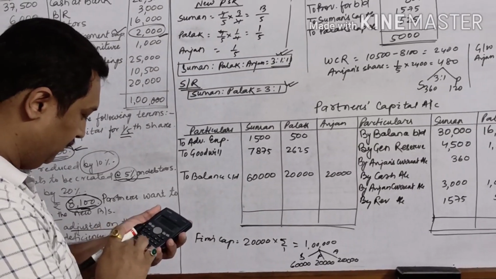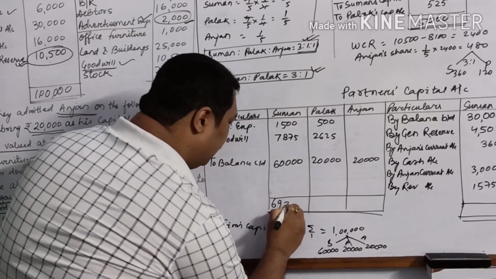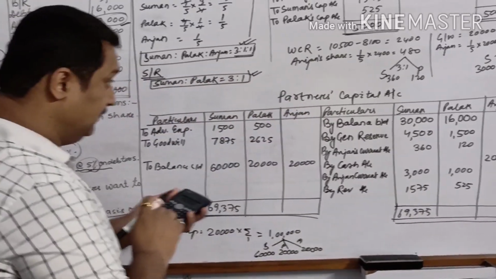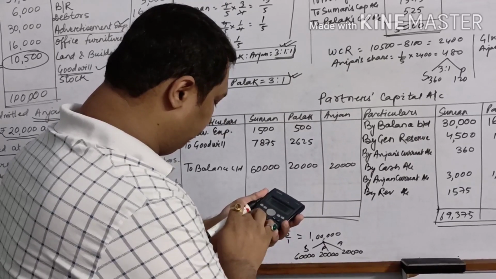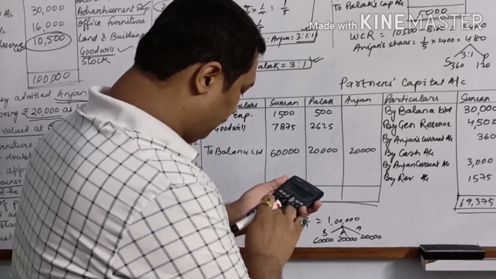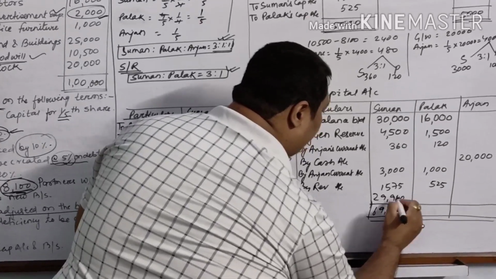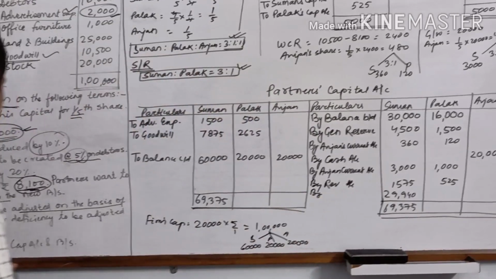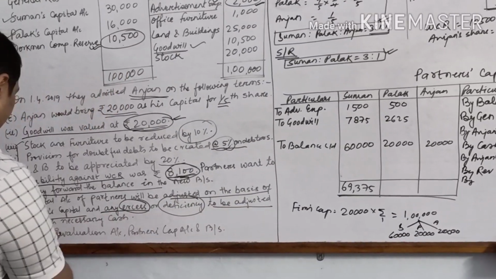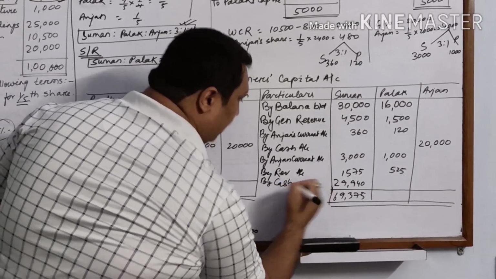So 60,000 plus 7,875 plus 1,500 is 69,375. 69,375 minus 30,000 minus 4,500 minus 360 minus 3,000 minus 1,575 is 29,940. The question has clearly said any excess or deficiency to be adjusted through necessary cash. That means over here we will write by cash account.